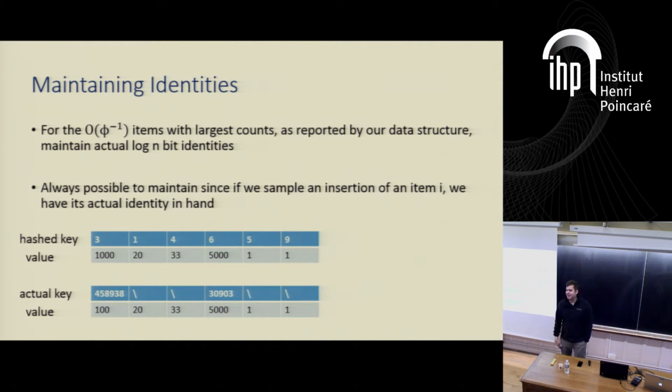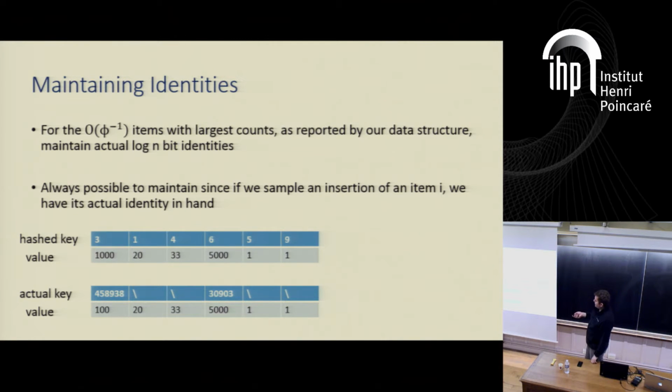The reason is that if our stream length is sufficiently long, and I'm going to explain this on a slide, then for most of these updates, we're doing nothing. We're not sampling the item. So we can just spread the computation of that 1 over phi across all of these future updates. It's not even amortized, it's worst case. But let me get back to that. Did that answer your question? Okay, good.